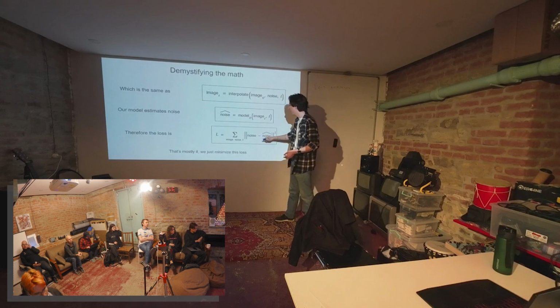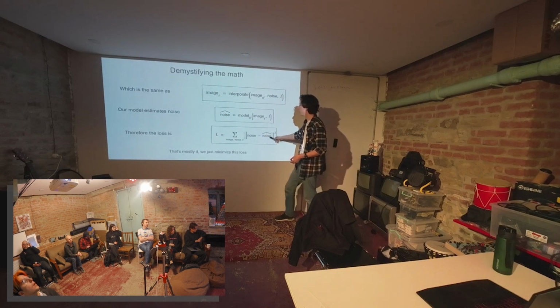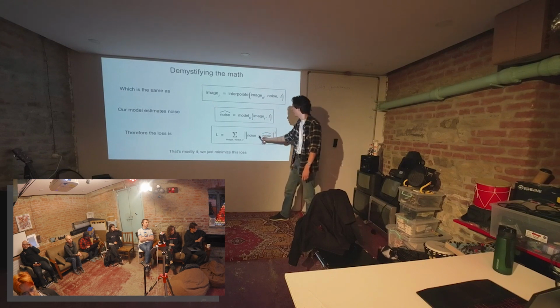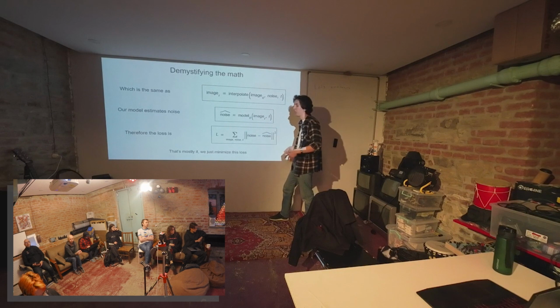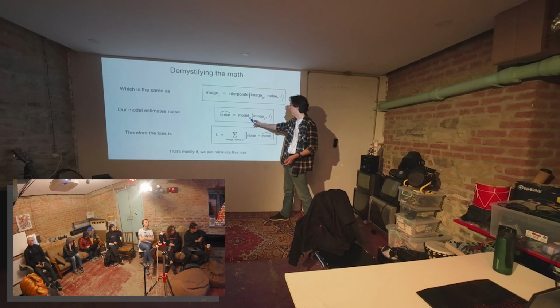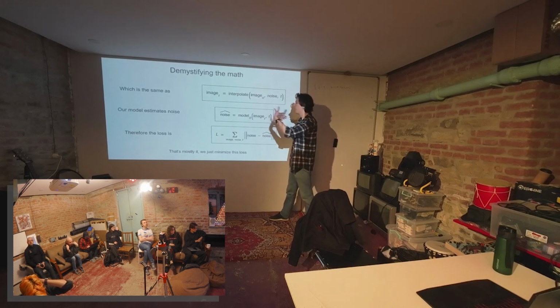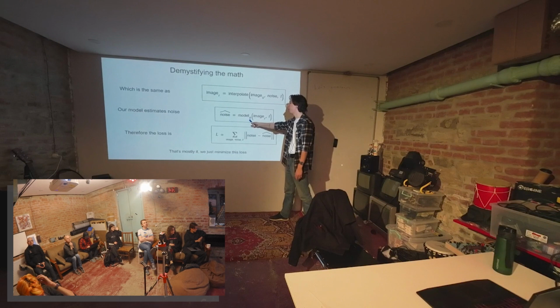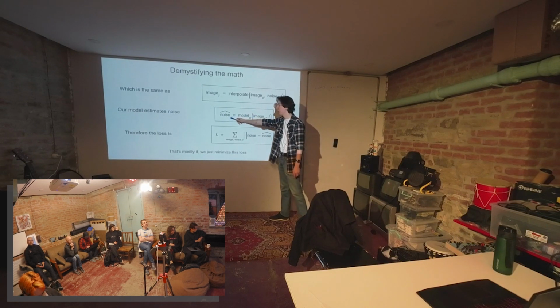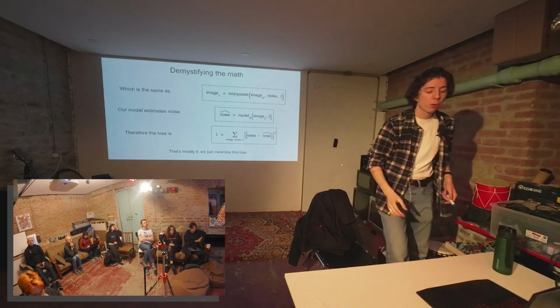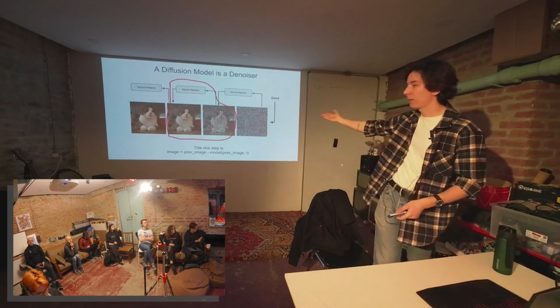We want these two to match, so we want to minimize this loss function, the difference between the true noise and our estimated noise. So we do gradient descent, this whole thing in machine learning, that changes the model weights until this is as small as possible. In the end, we have a model that perfectly predicts this noise. And if we perfectly predict the noise, we have a perfect denoiser. And if we have a perfect denoiser, we can do this.